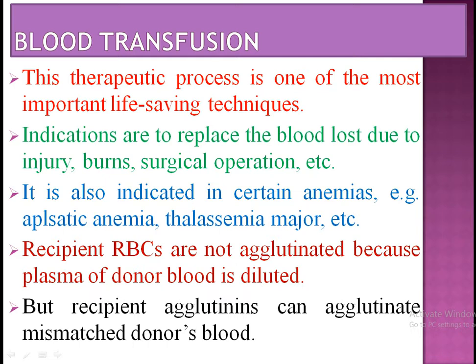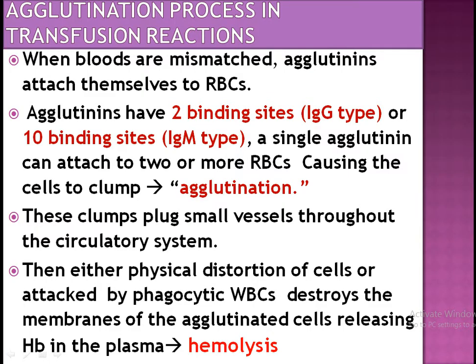Recipient RBCs are not agglutinated because plasma of donor blood is diluted. But recipient agglutinin can agglutinate mismatched donor's blood. When bloods are mismatched, agglutinin attach themselves to RBC.